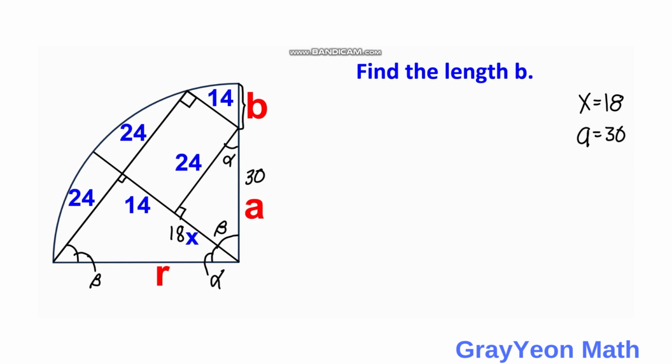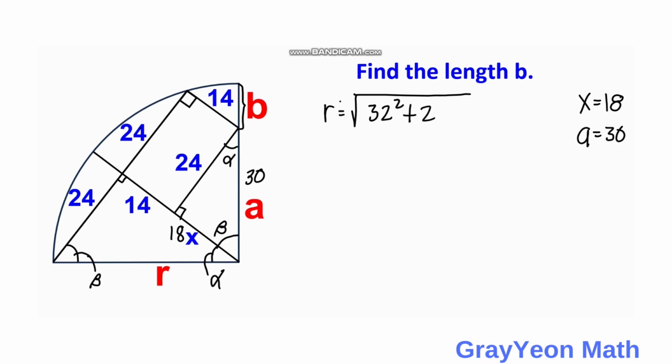So next we need to find the value of R. And R is actually the hypotenuse of the larger right triangle. And as you can see, the two lengths are 24 and 32. So R is equal to the square root of 32 squared plus 24 squared, because x is equal to 18 and you need to add 14, so that becomes 32.